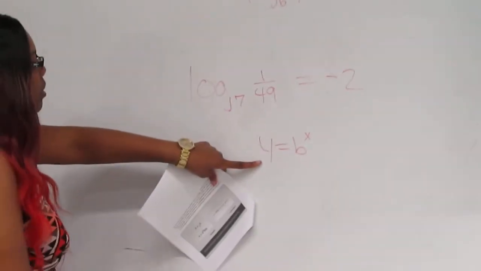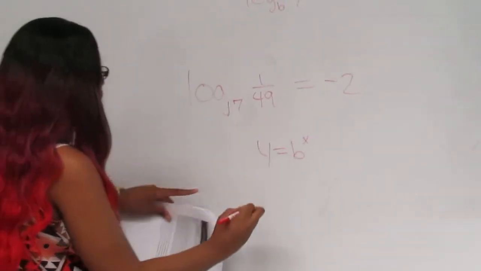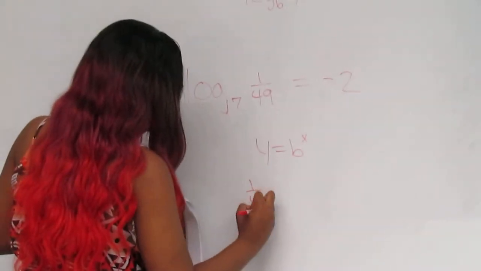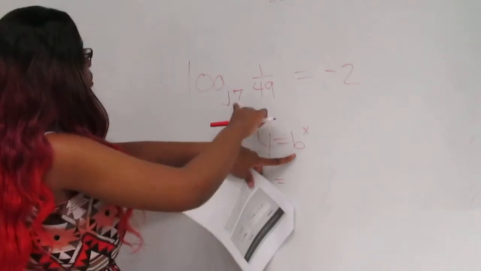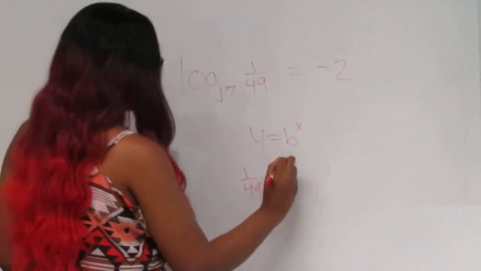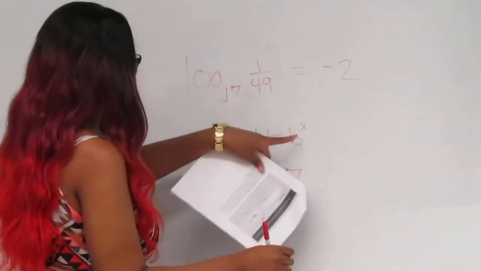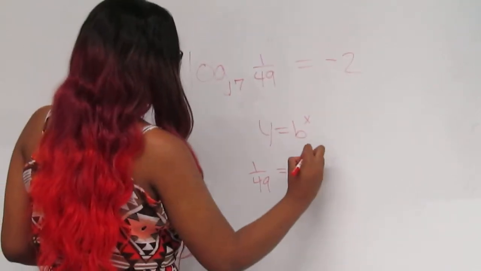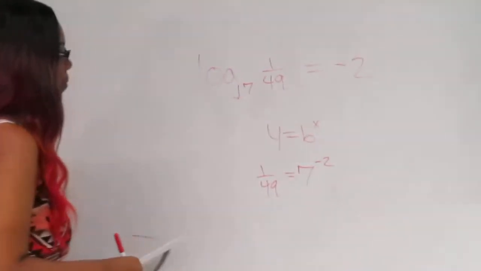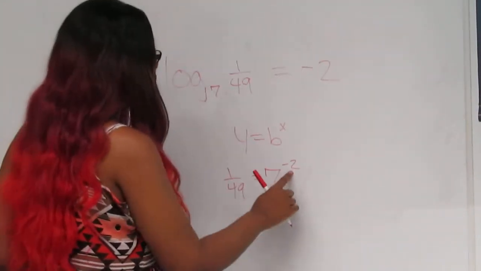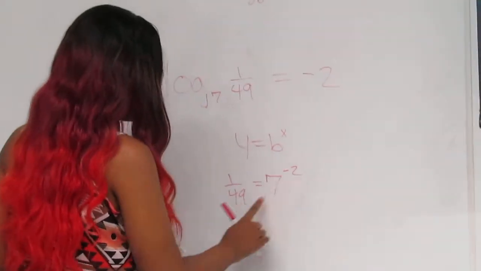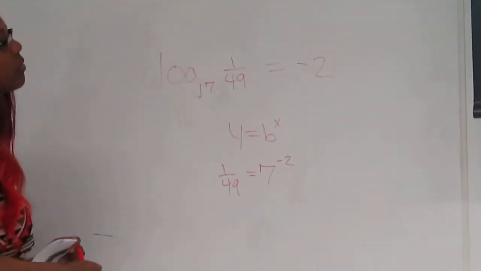The y would be 1 over 49, the base is 7, and x is -2. So it will be 7 to the negative 2 power equals 1 over 49. That's the answer for B.